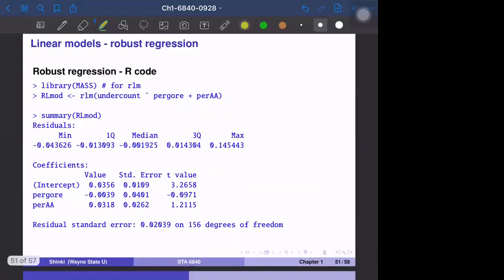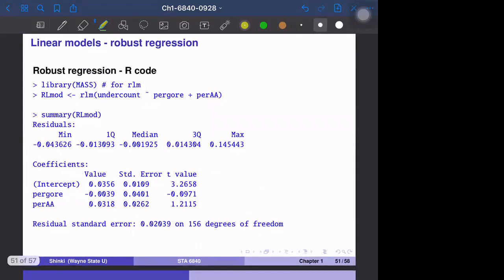So this is a sample code for robust regression in R. At first, we need the library MASS. This is a famous package that includes many common functions. Here we use the MASS package for the rlm function, robust linear model. The format is the same as the usual lm function, just that we change it into rlm.